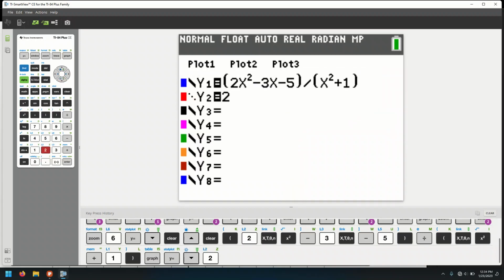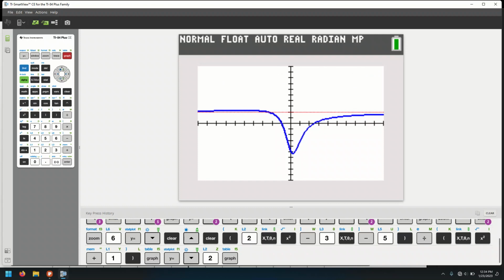So y equals 2 and graph. All right. Do you see how the graph, in this case, crosses its own horizontal asymptote, reaches a maximum value and then starts approaching the horizontal asymptote from above, but actually never touching it. It's going to go all the way to negative infinity, but without ever touching it, all right?